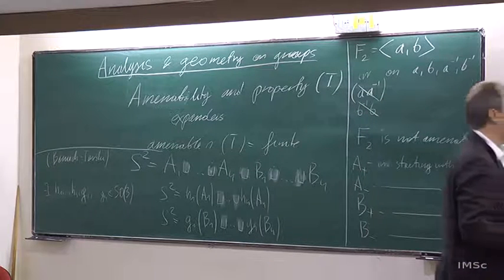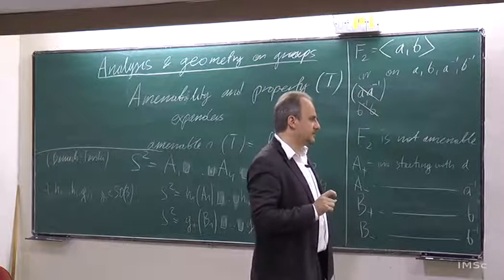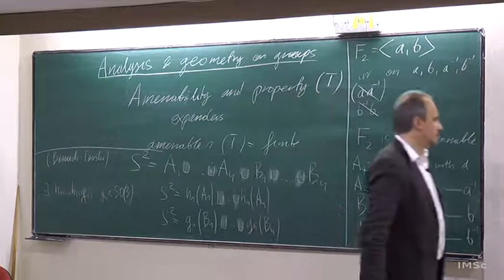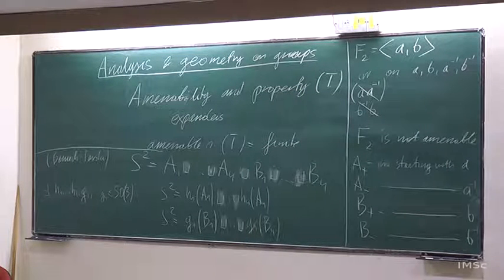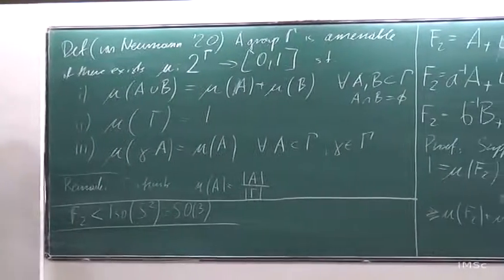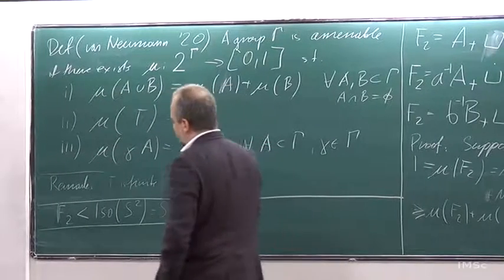Actually, it's easy to see that in this way we can get many examples of groups which are not amenable.